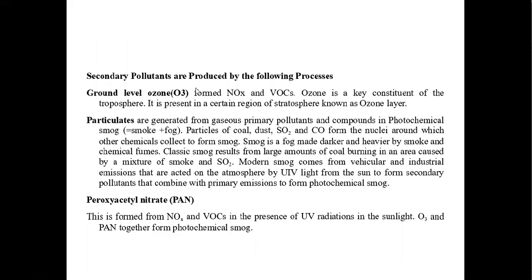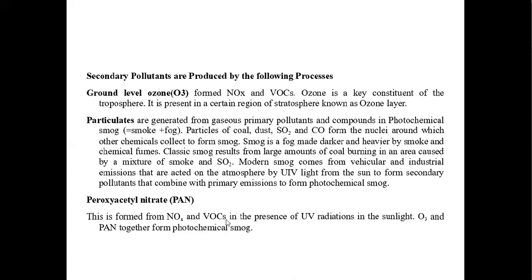And some secondary pollutants, which are produced by different processes, are ground level ozone and peroxyacetyl nitrate. Remember, ground level ozone is harmful, but the ozone which is present in the stratosphere is not harmful as it protects us from harmful ultraviolet rays.